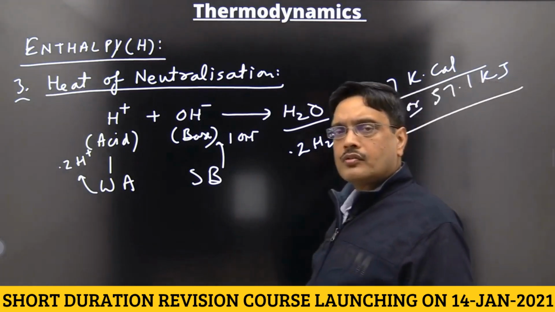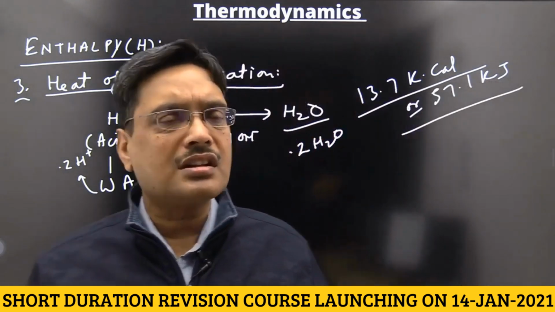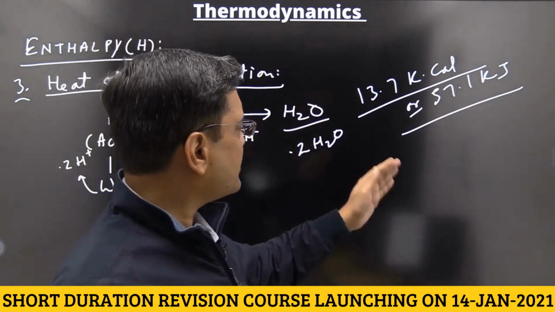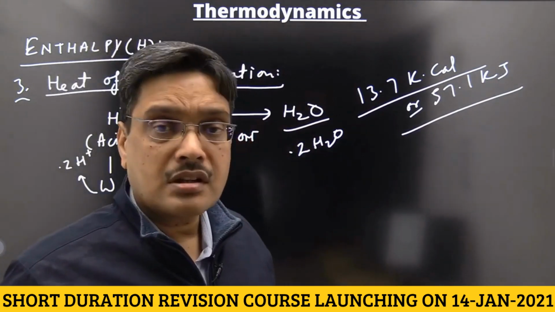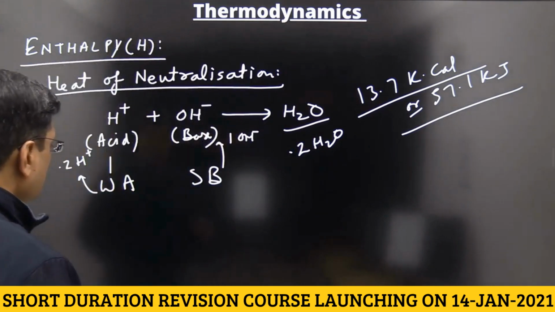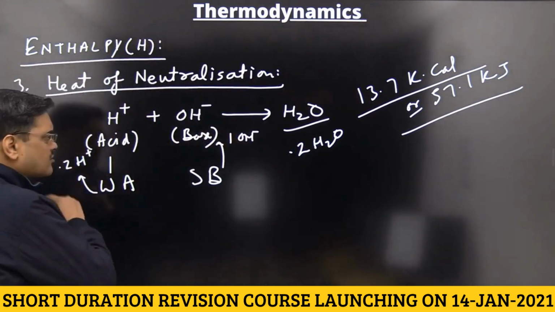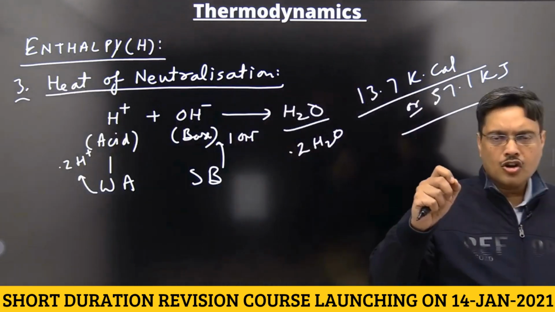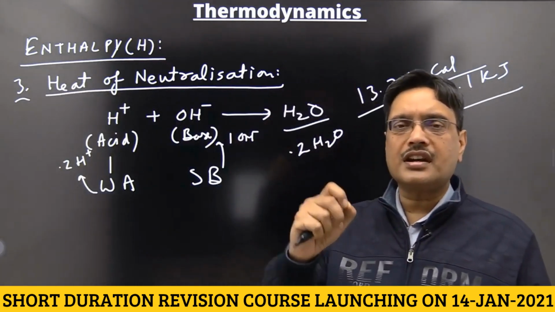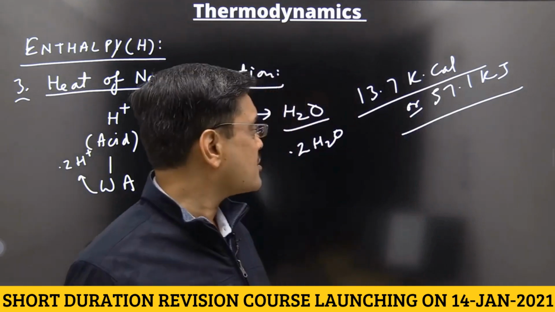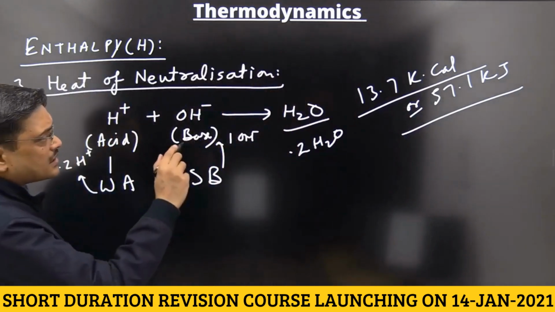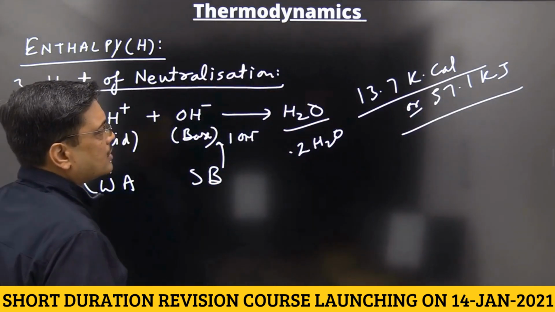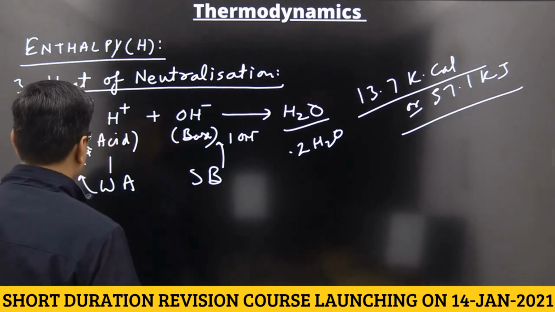So in 0.2 mole water, how much heat is released? 13.7 into 0.2. Is it clear? So it depends on how many water molecules are formed. But normally in case of strong acid and strong base, the heat of neutralization is constant, that is 13.7 kilocalorie or 57.1 kilojoule.